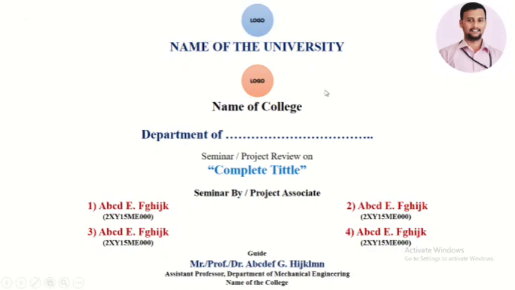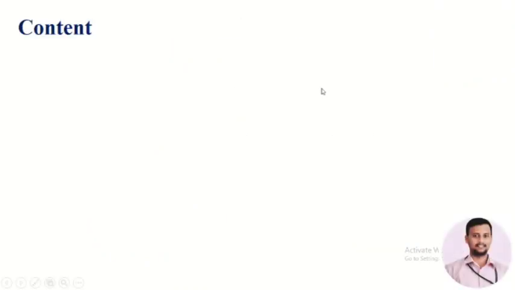The next thing is the content. What content should be there in your presentation, because many people don't know what things should be added in the presentation. So here are 8 points that must be there in your presentation.